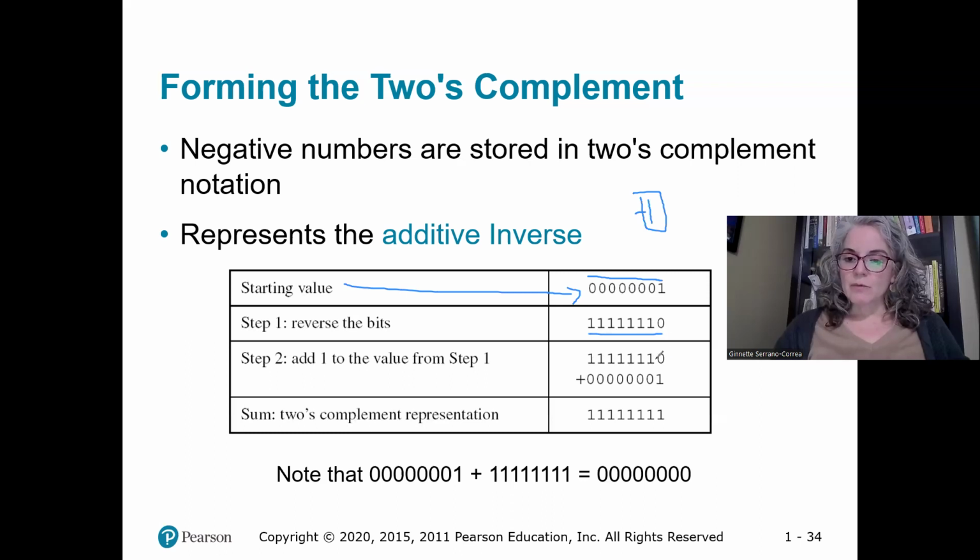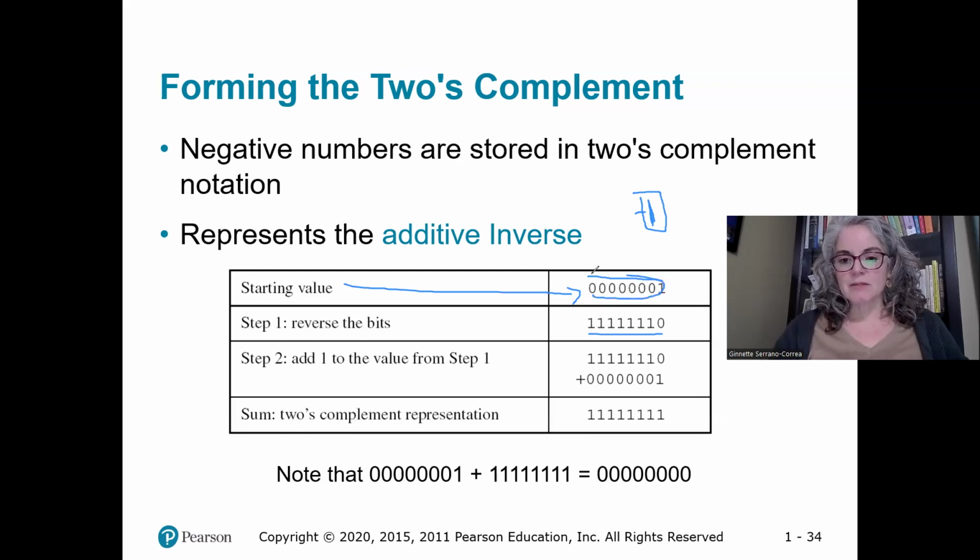So we say 1, 1, 1, 1, 1, 1, 0 plus 1. So then it's 0 plus 1 is 1. 1 plus 0 is 1. All these are 1s. So the negative of a positive 1 is all 1s.